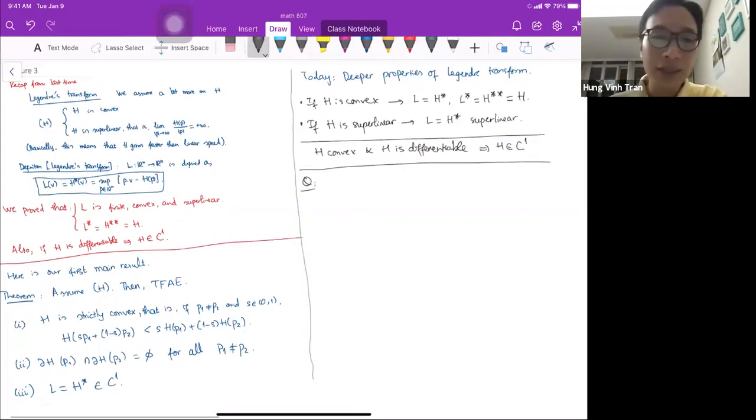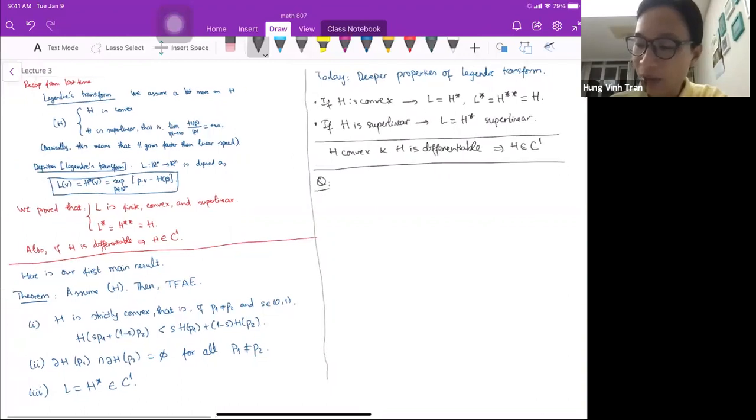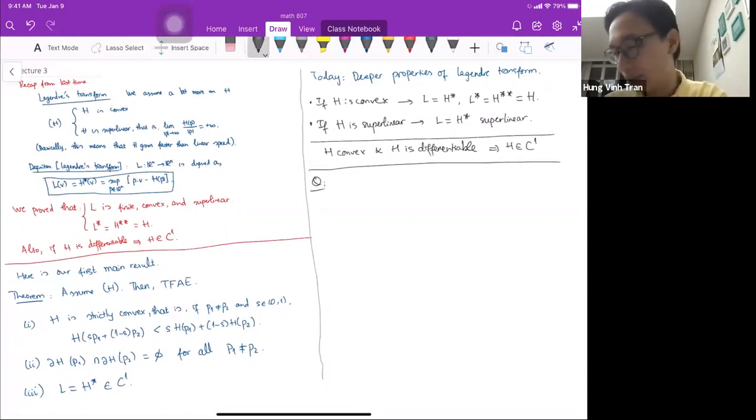I have a question for you. This is not related to anything, but whenever we are curious, if you feel bored, you can enjoy. This one is telling us that if you have a convex Hamiltonian, then you can recover it by doing the Lagrange transform twice, right?